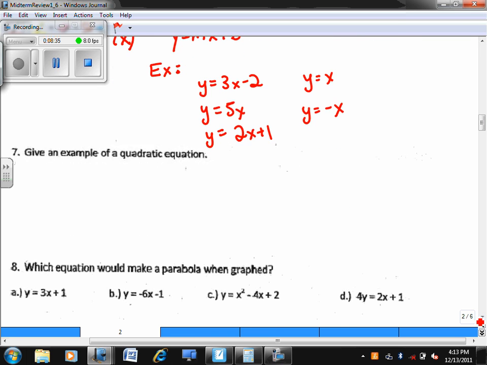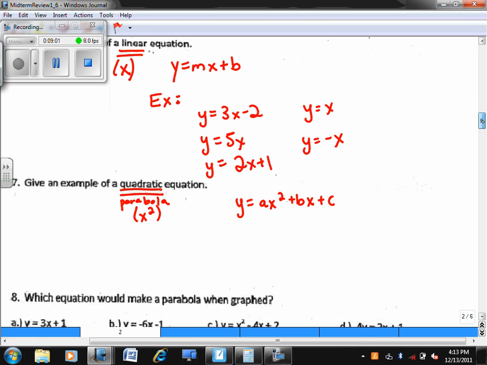Okay, give an example of a quadratic equation. Well, a quadratic, this is a parabola. And a quadratic requires an x squared term. Now the format for quadratic is y equals ax squared plus bx plus c. We'll see a lot more of this as we come up later. This is very similar to y equals mx plus b for linear that we've been working with.